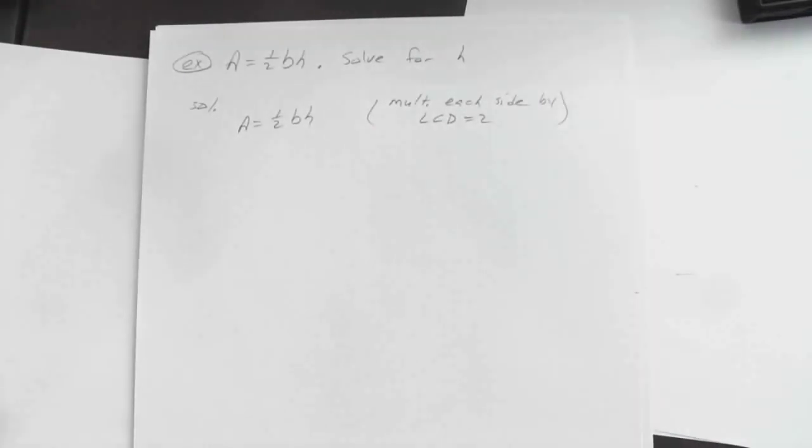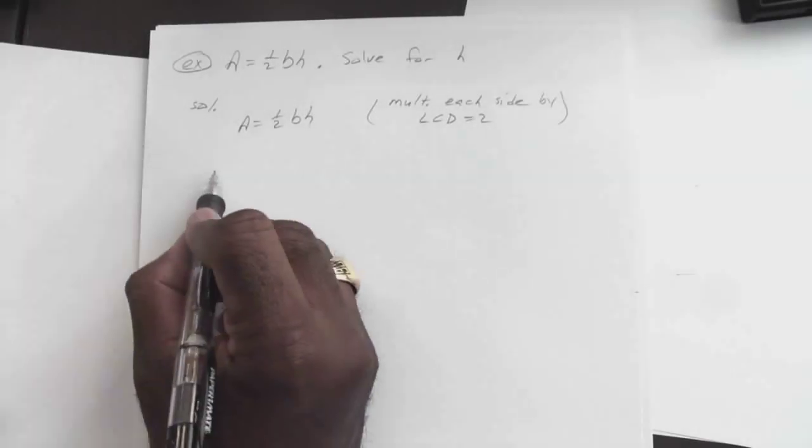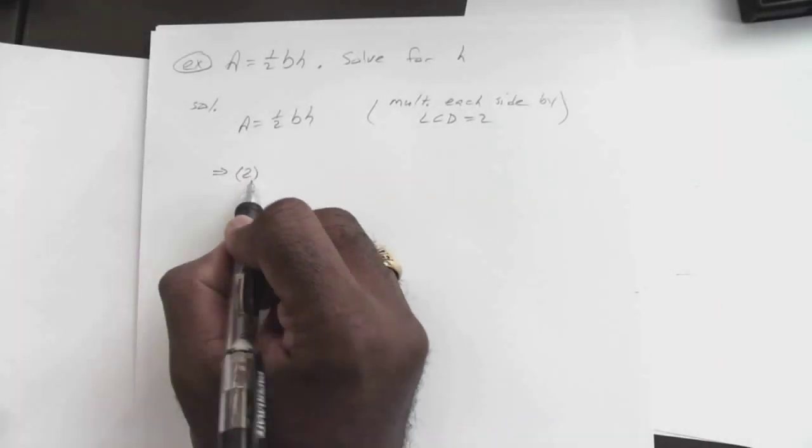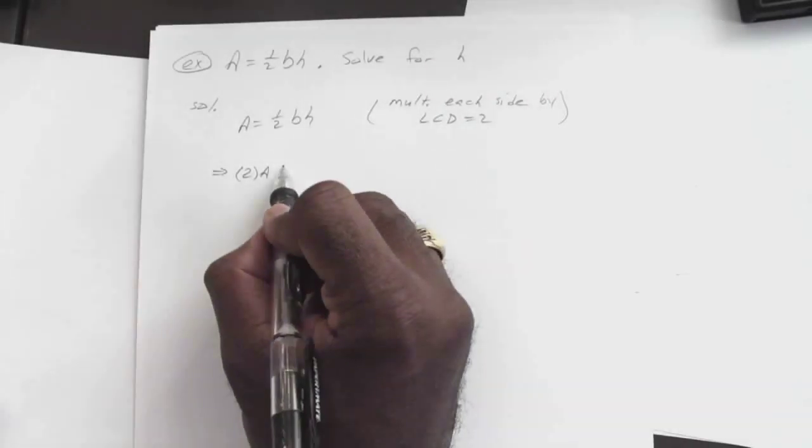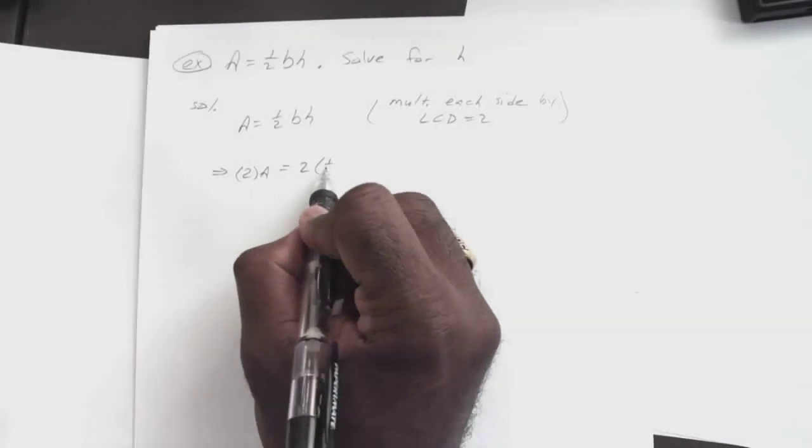Multiply each side by the least common denominator, which is 2. Okay, so that means you'll end up with 2 times a equals 2 times 1/2 b times h. I could have put the 2 in parentheses.